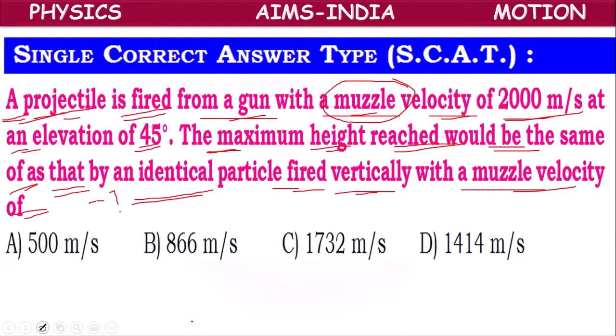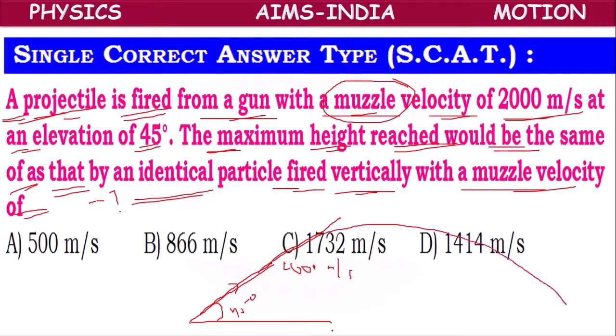So one gun, suppose if this is the horizontal, one gun is fired. A projectile is fired from the gun with an angle of elevation 45 degrees and with a velocity 2000 meter per second. It will go up to a certain height, and from there it will fall down.